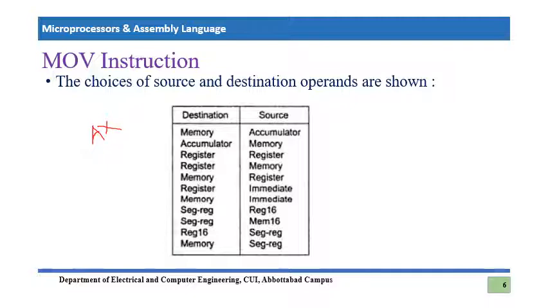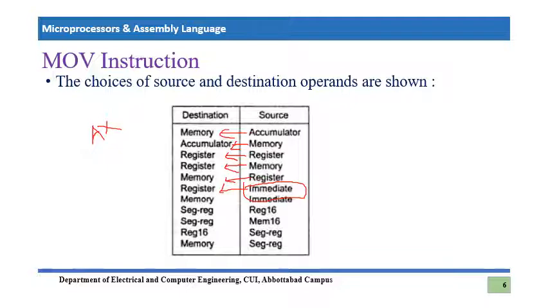Before we proceed, one needs to know the direction of transfer. Accumulator to memory is possible. Memory to accumulator is also a possible variation. Register to register, memory to register, register to memory, and immediate to register; we are going to learn those while discussing addressing modes. Immediate can simply be considered direct data, whatever we want to provide.